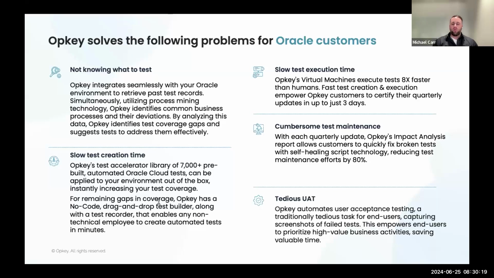The last piece from the challenges is UAT. By automating this UAT cycle, you're empowering the users who are currently performing the UAT cycles to prioritize other areas of the business that are more of their focus.